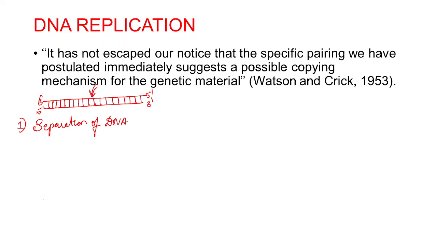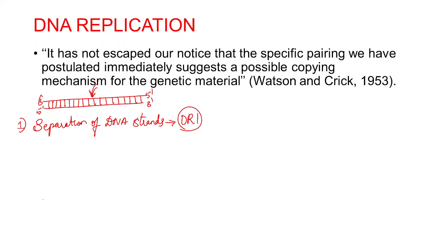Separation of DNA strands will take place at one particular place called the Ori site. You can call it the Ori site or the site of origin of replication. Then a unit of replication with one origin is called a replicon.